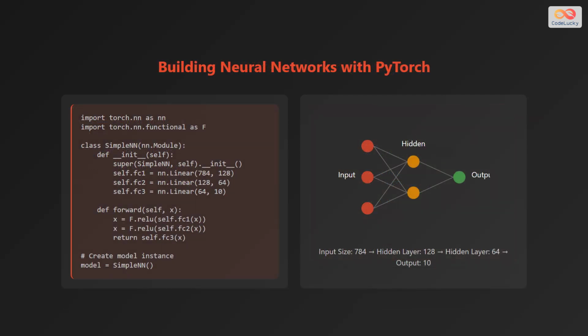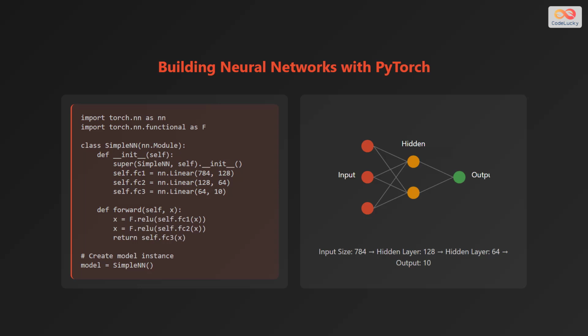Let's build a simple neural network with PyTorch. We'll use the nn module to define our network architecture. Here is an example. Import torch.nn as nn. Import torch.nn.functional as F. Define a class SimpleNN inheriting from nn.Module. In the init method, define fully connected layers.